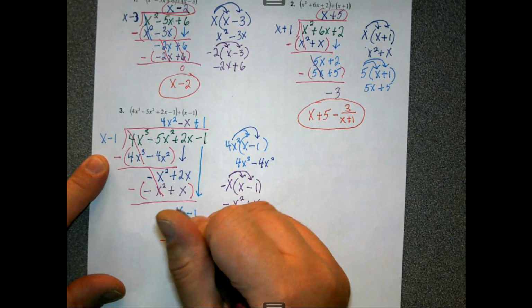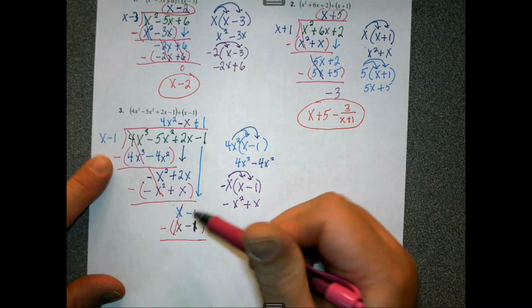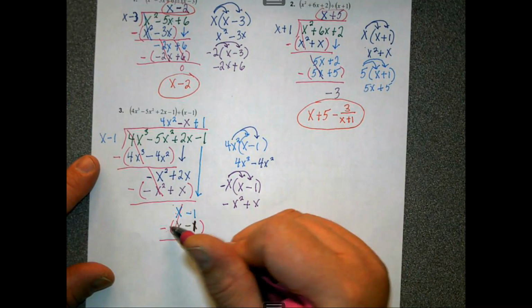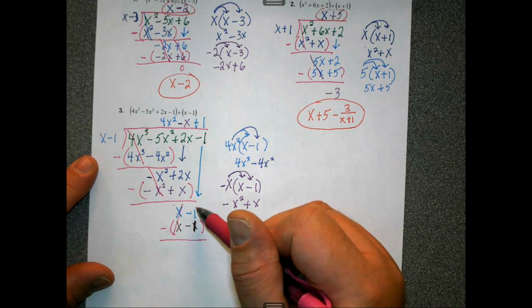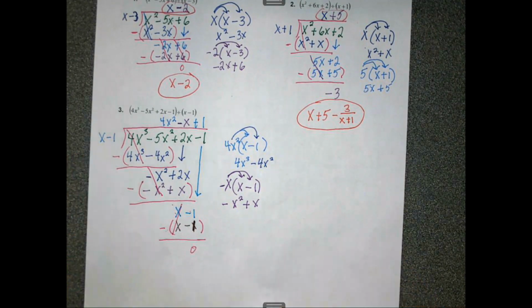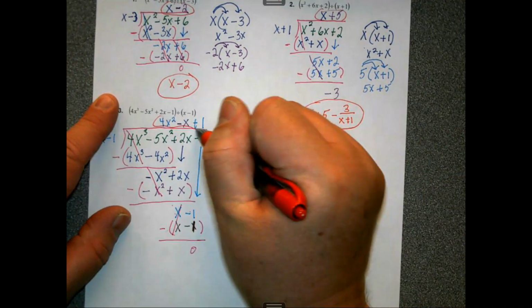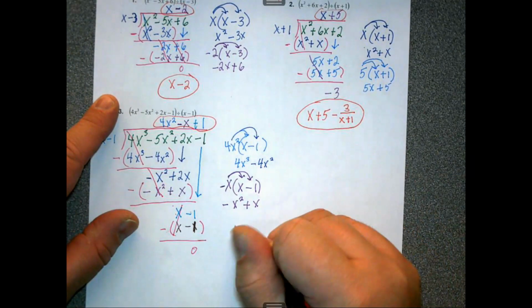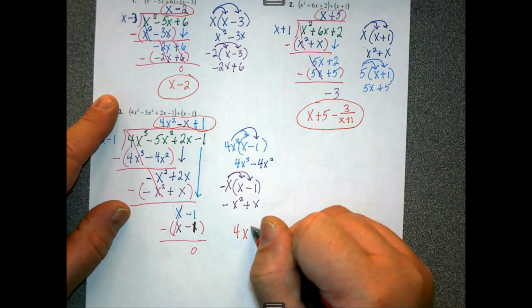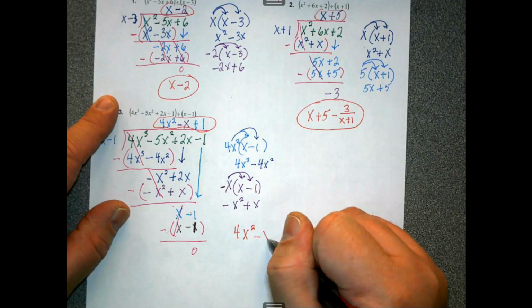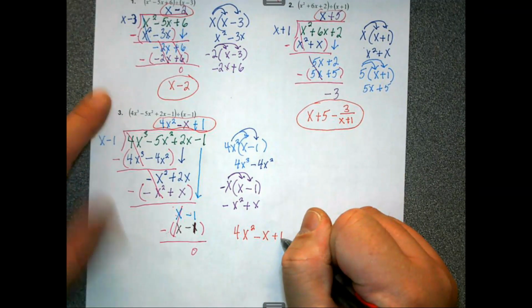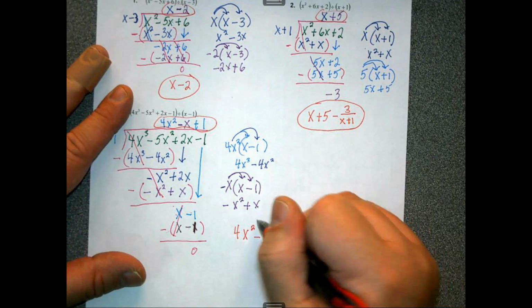X minus x eliminates. Negative 1 minus a minus 1, that also eliminates to 0. So my answer? 4x squared minus x plus 1. No remainder.